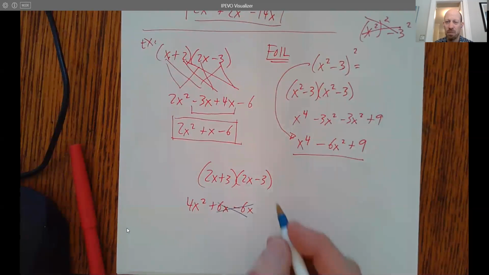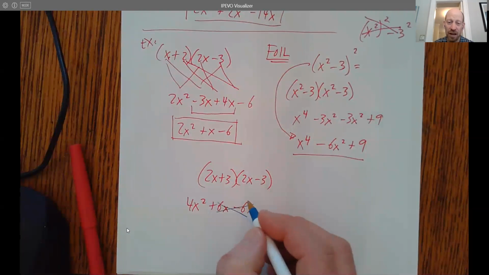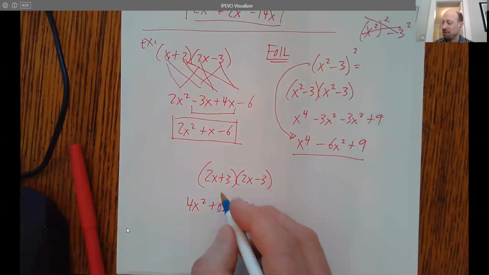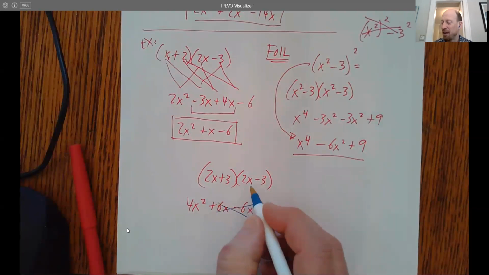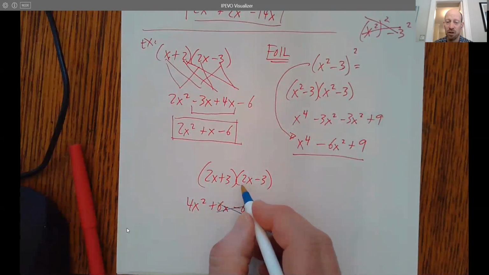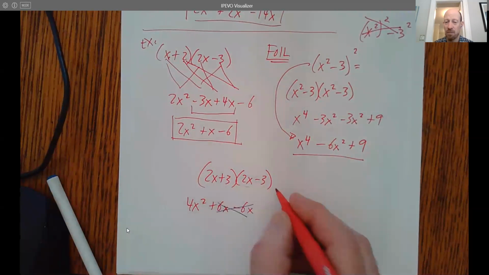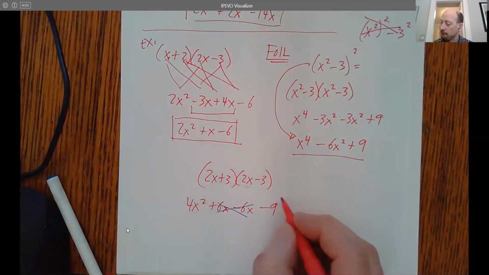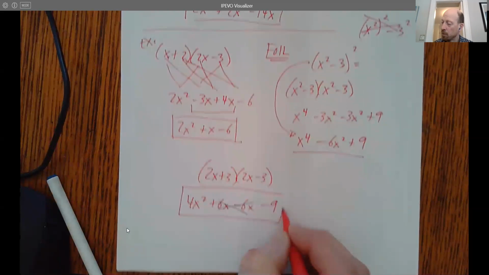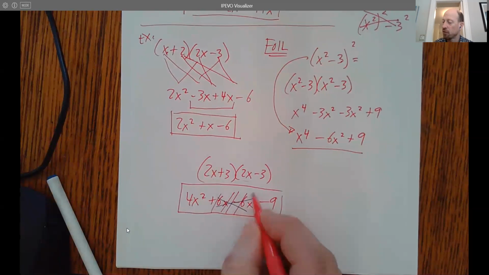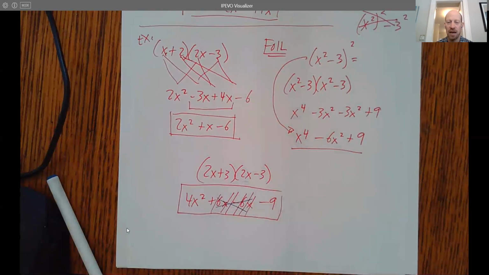And in fact, with this pattern, those two cancel every time. So I don't even actually have to ever multiply those out. I know they're going to go away. So I really just have to do the 2x and 2x, and then the plus 3 and the minus 3. So I just get that 4x squared minus 9. And again, the book calls that another special product.